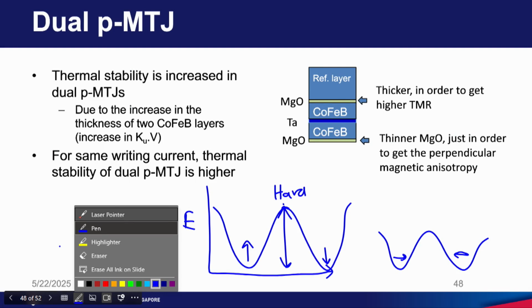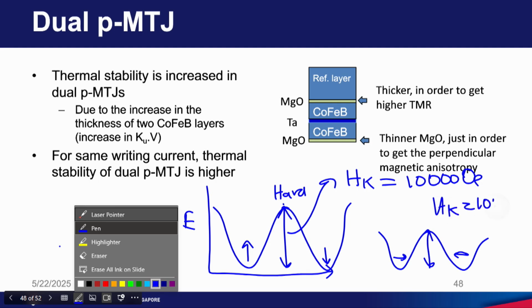If you convert this into HK, which is 2KU over MS, in terms of field value this can be like 10,000 Oersted. In the case of in-plane material, this HK is only around 100 Oersted. So it's much lower.